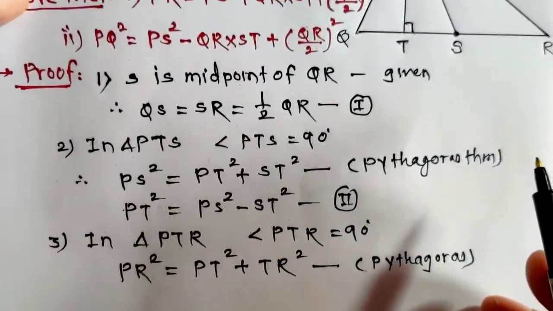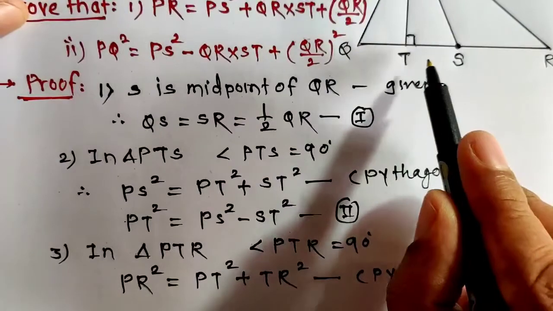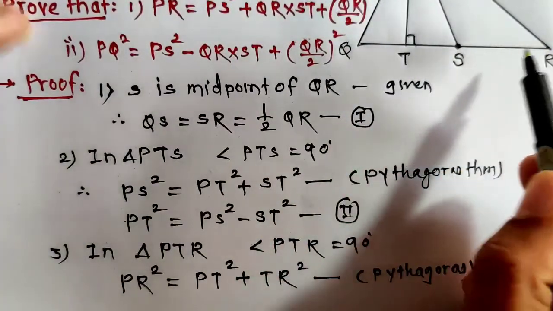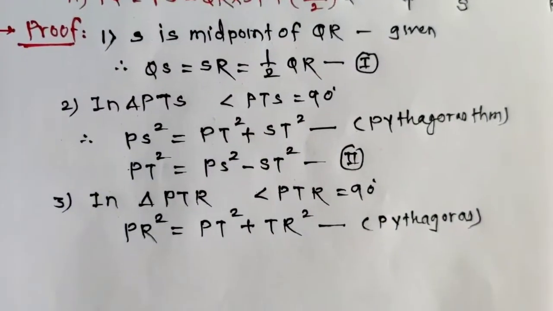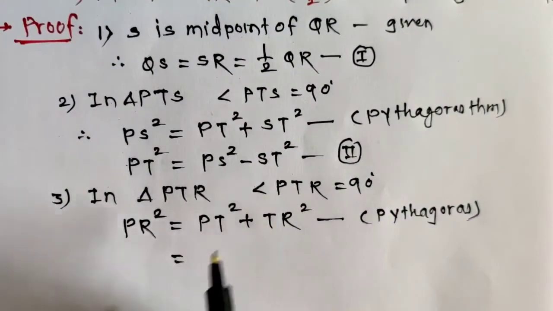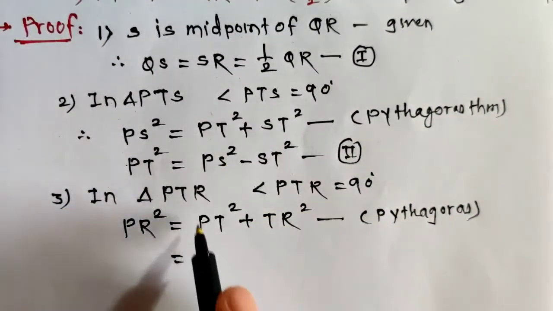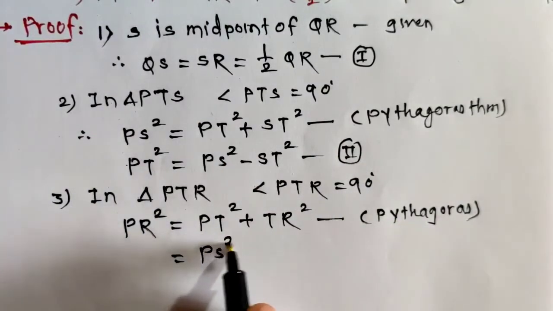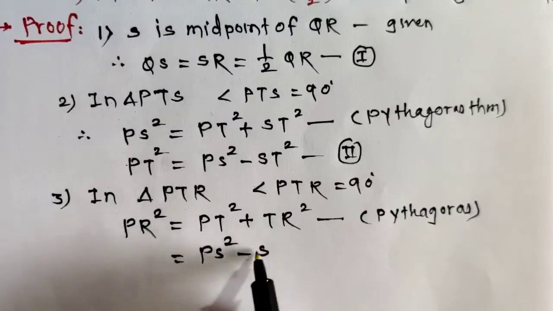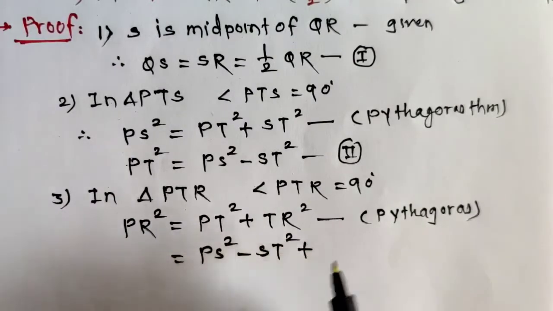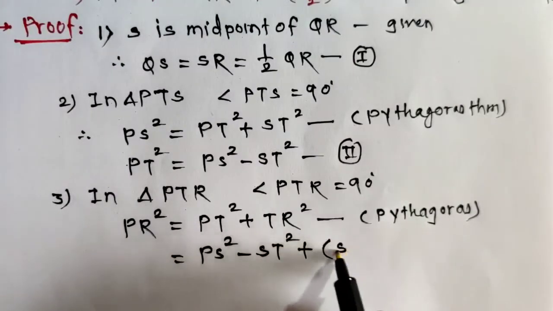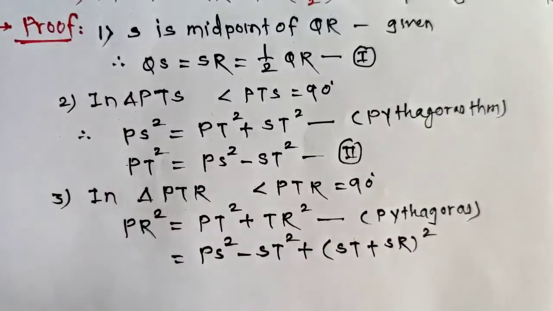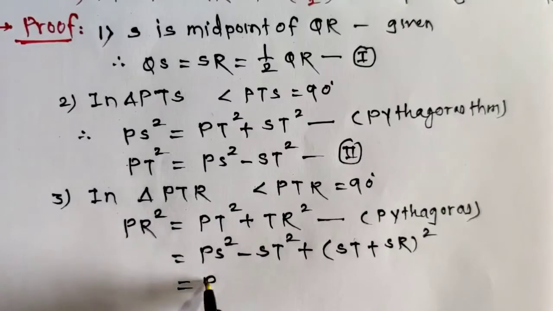Now from 1 substitute the value of PT square and this TR. If you observe the figure again, this TR is nothing but (ST plus SR) whole square. So here same method, Apollonius principle. So here value of PT square from 2, PS square minus ST square plus TR written as (ST plus SR) whole square. Now simplify.